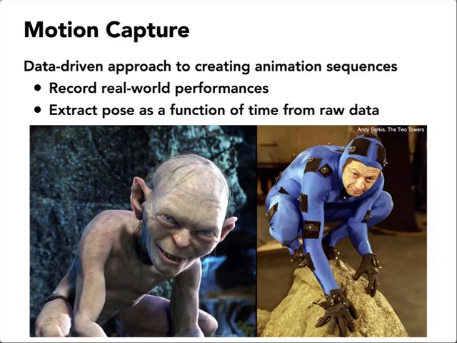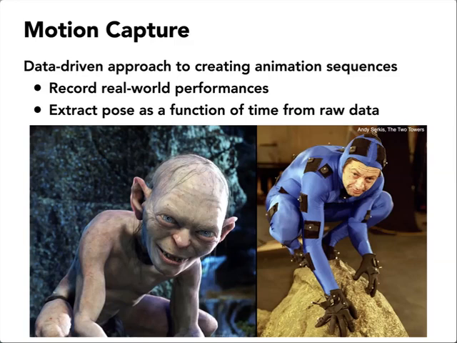The motion capture system that is tracking Andy Serkis in this performance is going to come up with the three-dimensional location of all the markers on the various parts of his body in order to create raw data to help drive the posing of the Gollum character.